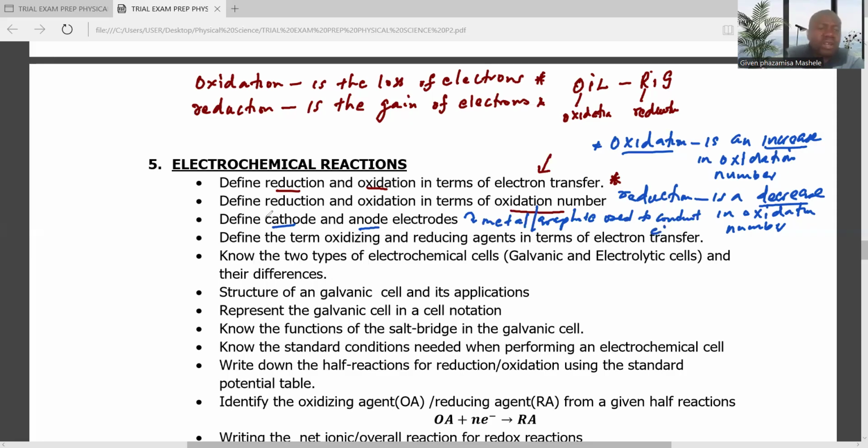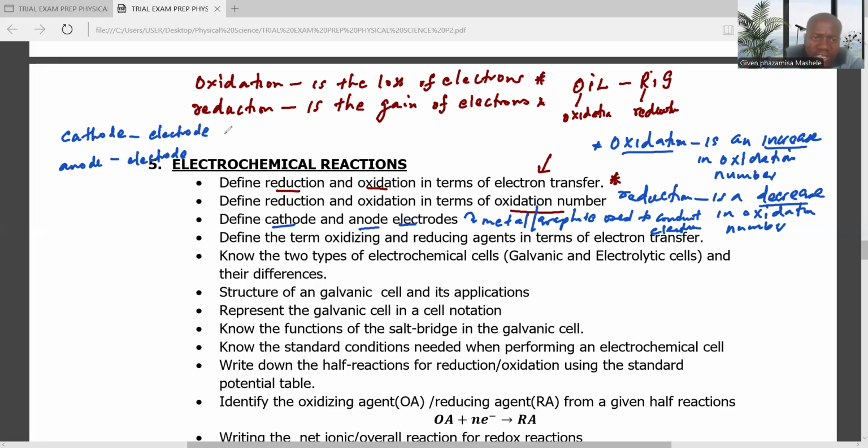But now, here they want us to define what is the cathode and what is an anode. These are straightforward. These are electrodes. Cathode, it's an electrode. Anode, it's also an electrode.